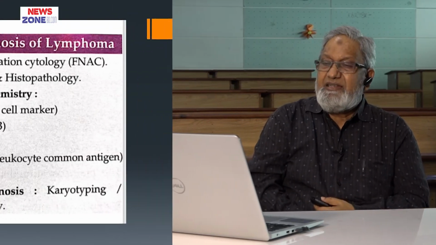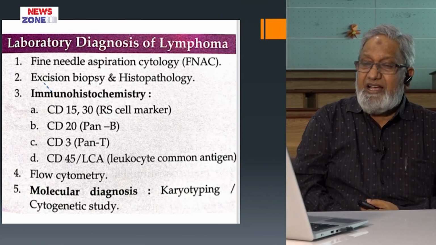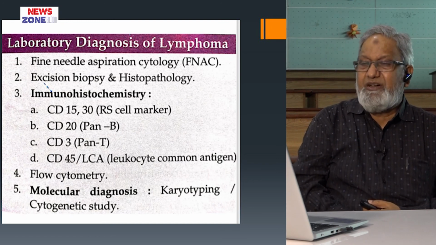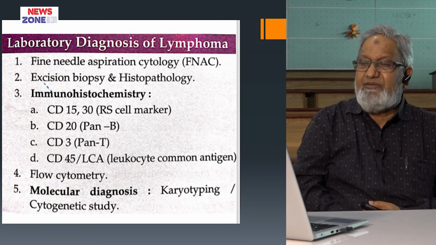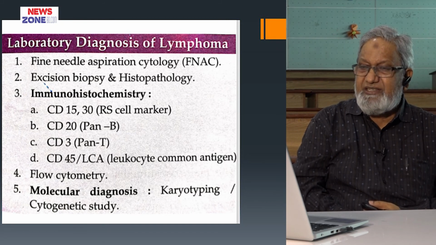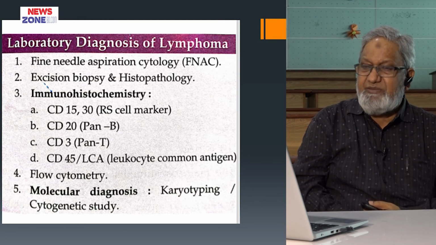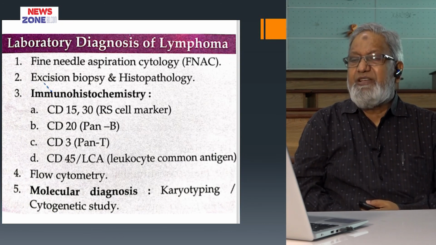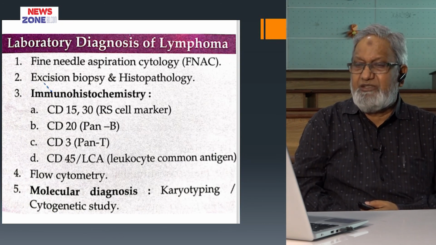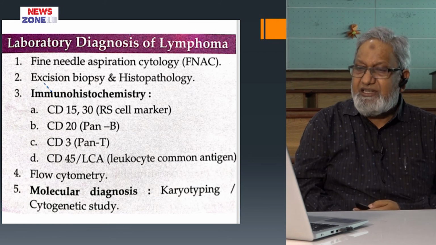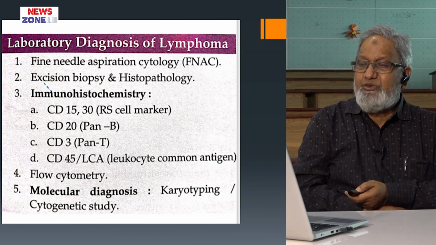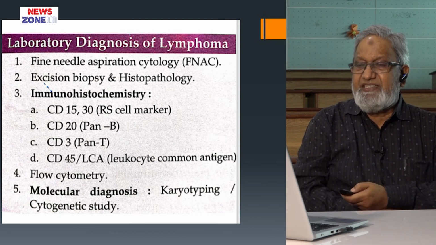So, you may ask how you will diagnose a lymphoma in the laboratory. Again, fine needle aspiration, FNAC, excision biopsy and histopathology. Immunohistochemistry is very important in lymphoma diagnosis. What immunohistochemistry CD markers do we use? CD15, CD30.